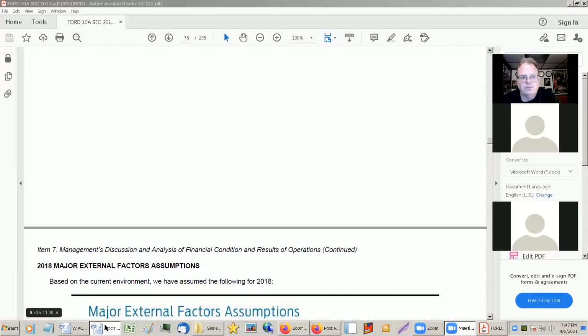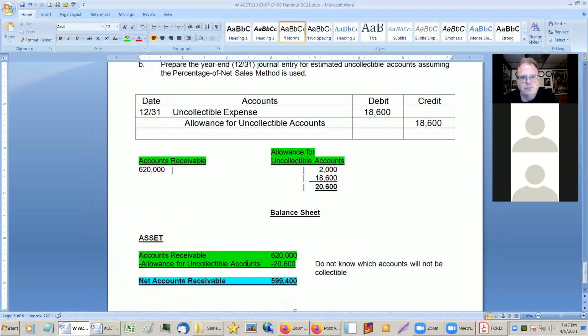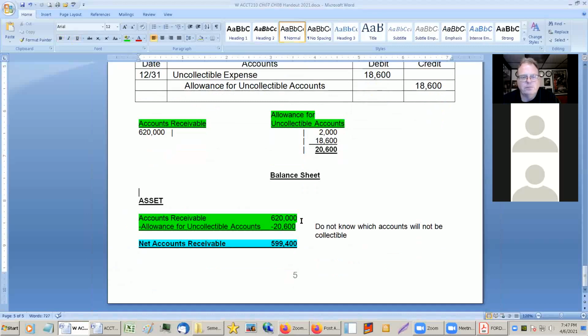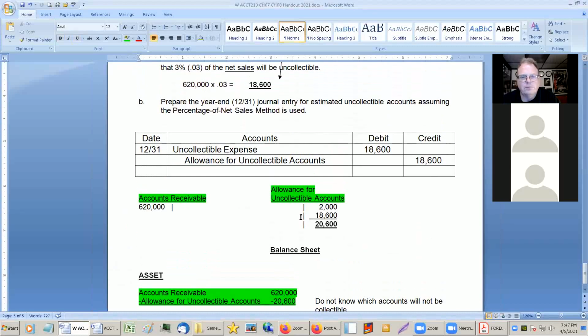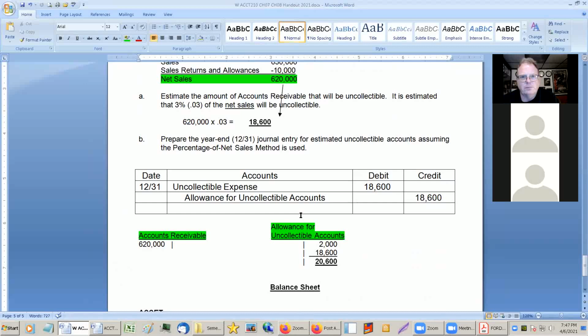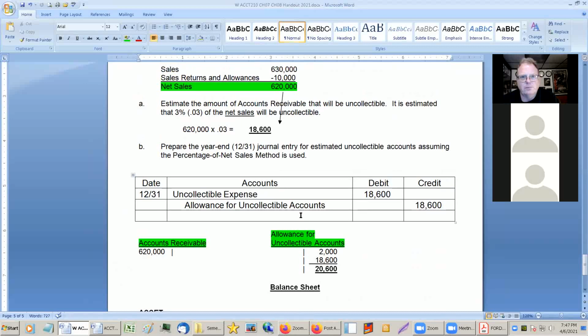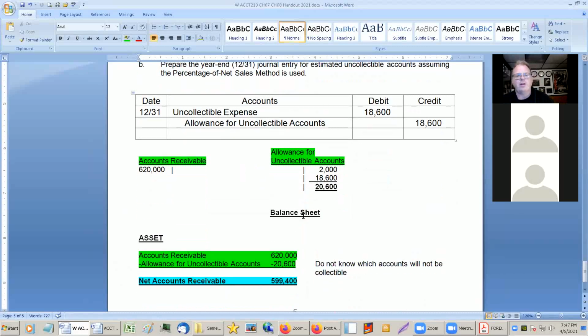I have a question. Sure. For question 4, what we just did, for the accounts receivable, you put 620,000 or something. I thought for the last one we put 85,000. You know what I mean? No, you're right. You're absolutely right.